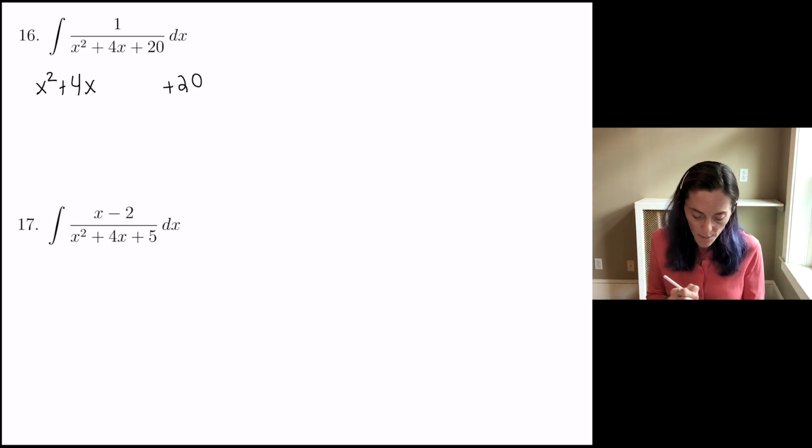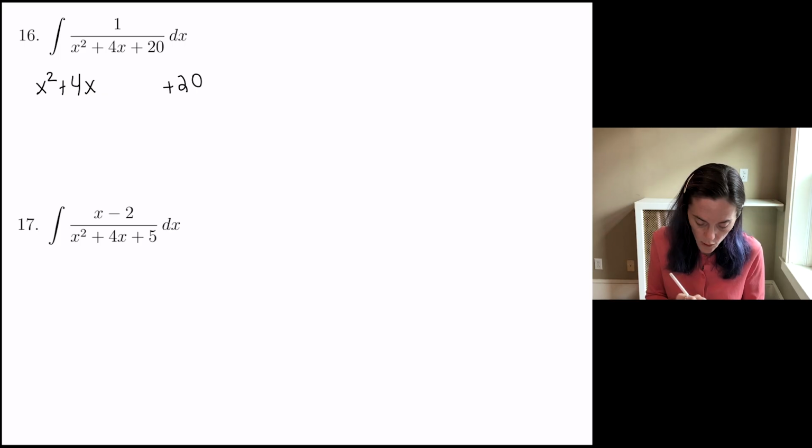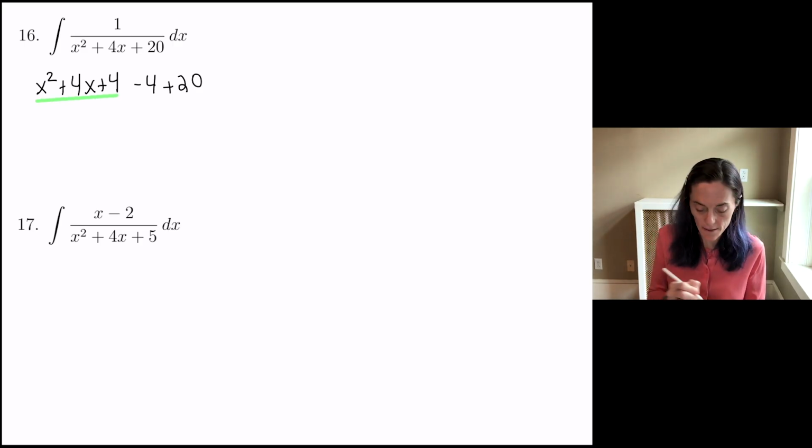Now, in order to complete the square, we look at this. We take half of this number and square it. So that would be 2 squared, which is 4. So I put this here, and then at the same time, I can subtract it here. I'm really thinking about grouping this part and this part. Very nice.